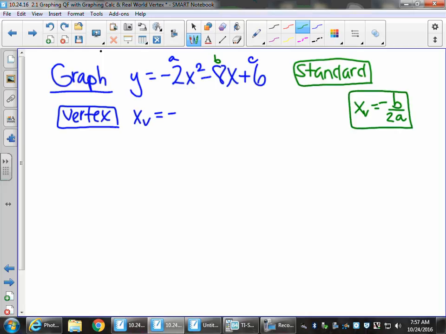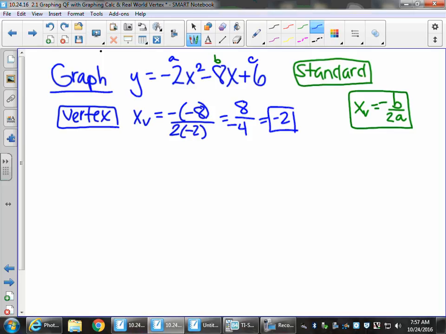And I'm asking, what's that going to look like for this? Yes, because I have a negative built in. So this is going to be a negative 8 divided by 2 times negative 2. That negative, as was just commented, becomes positive 8 divided by negative 4 equals negative 2.